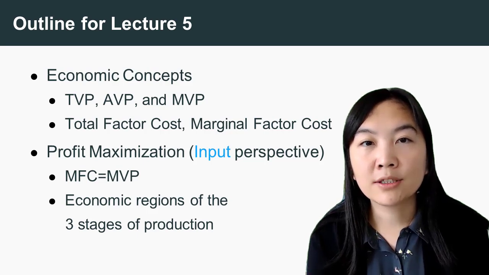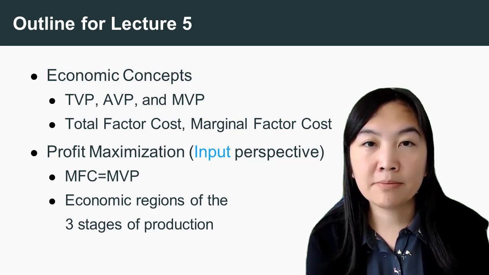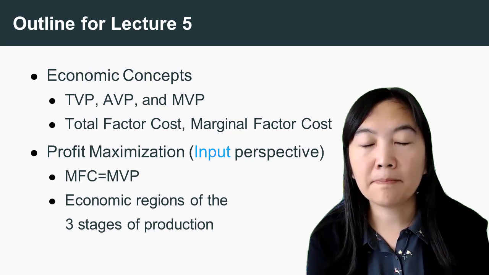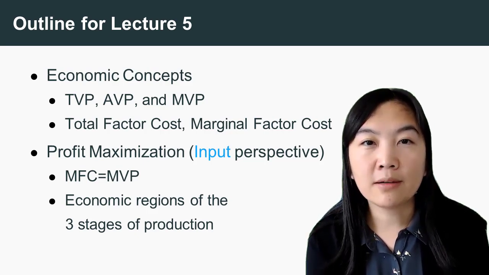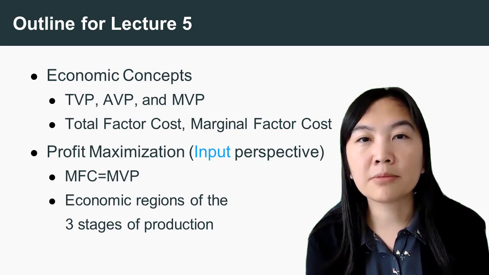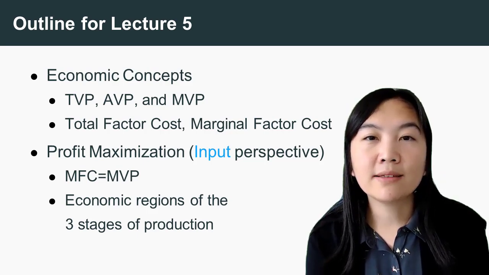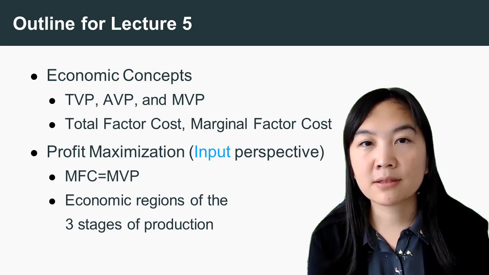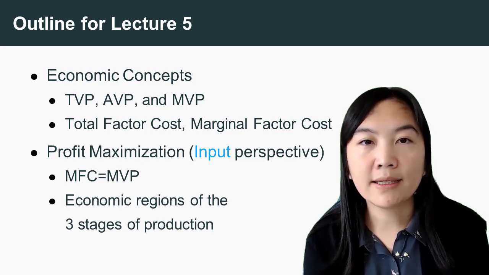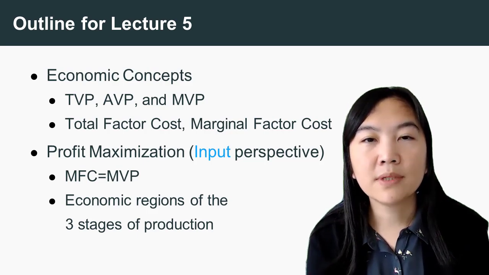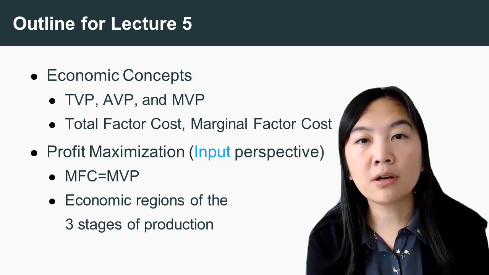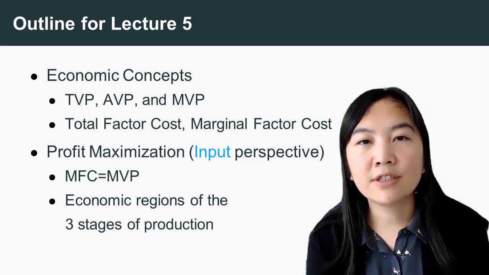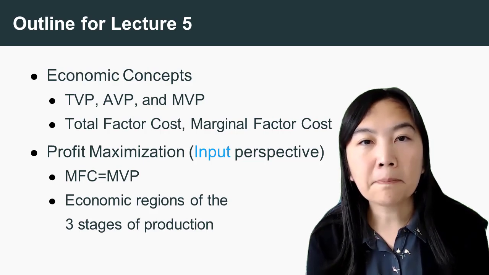And so TVP, AVP, and MVP are gonna form the value of the output, which is the revenue that the producer is gonna get. And then we also need some concepts from the cost side. And those are total factor cost, marginal factor cost, and we will also have average factor cost here.